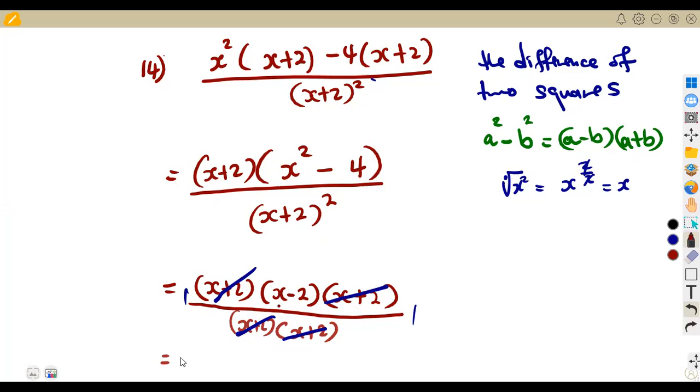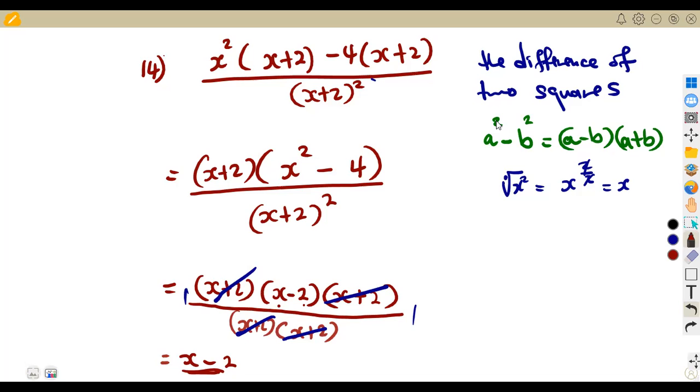And you multiply it to x: 1 times x is x, 1 times minus 2 is minus 2. So our answer is just going to be x minus 2 at the end, because as we can see, our brackets are the same.